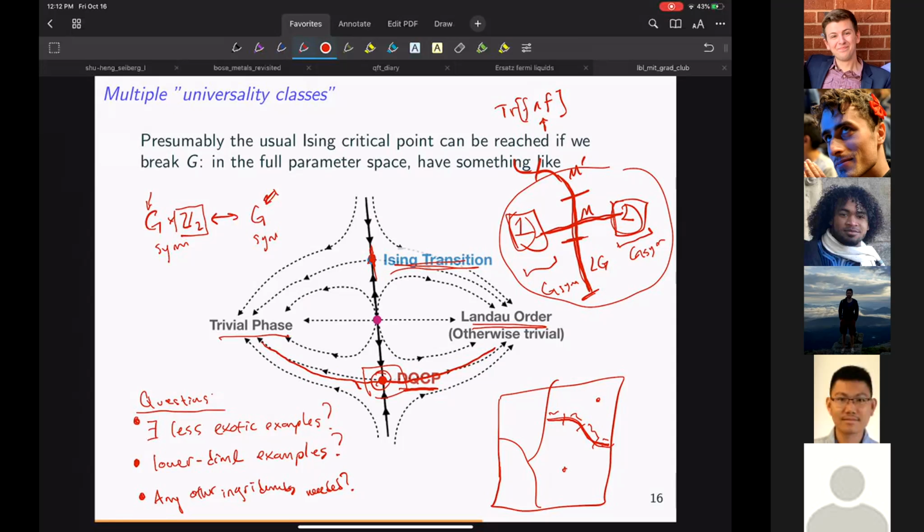I'm just thinking, if I want to classify all the beyond-Landau phase transitions, what's the input? Say if I want to classify all the bosonic SPT phases, Xiaogang told us what we should do, what the inputs are, but here I'm not sure.